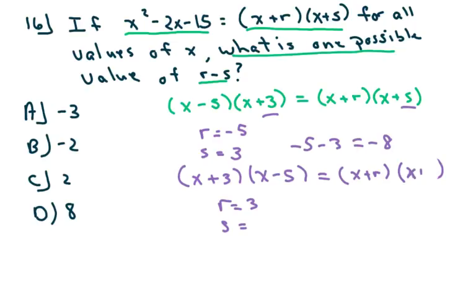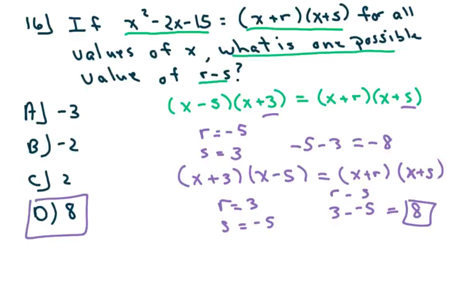This is x plus s. So when you subtract, you get 3 minus a negative 5. This is r minus s. My 5's and s's look the same, I even confused myself. So the answer is D. That wasn't too bad. Just make sure you set them equal to each other.